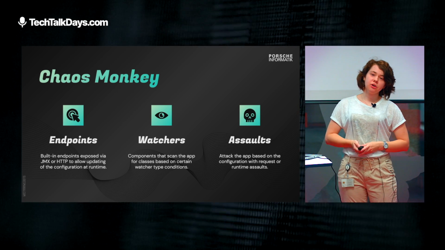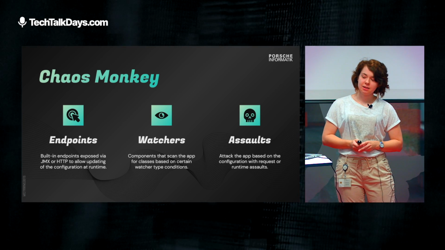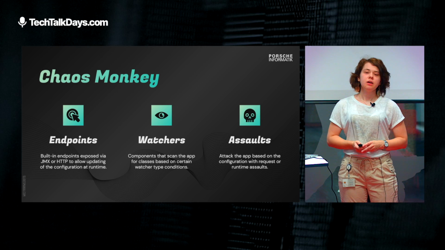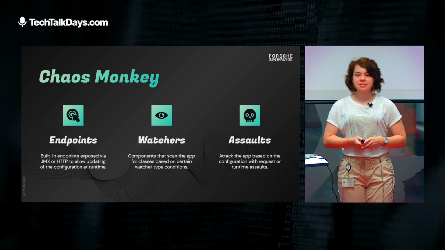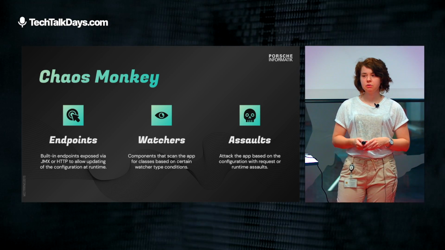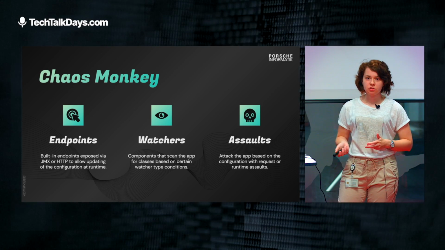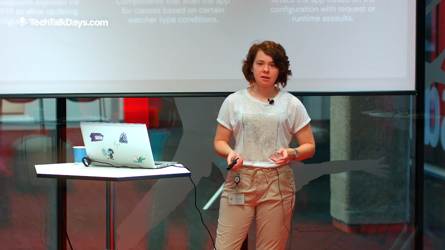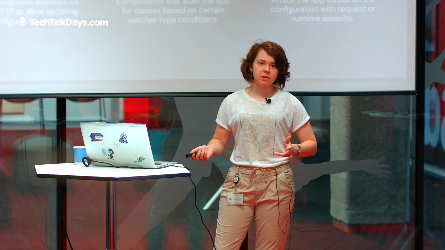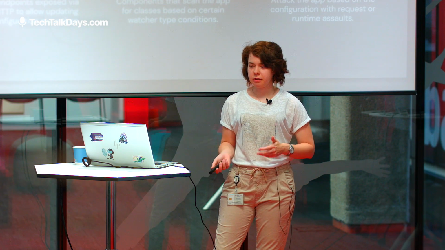And the third core functionality is it provides assaults. Assaults are, as the word already says, attacks on your system that could look, for example, like exception assaults, which means when a certain method of a certain class is called, no matter what, the application will always return an exception.